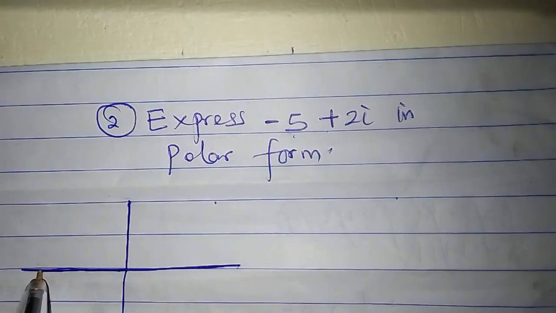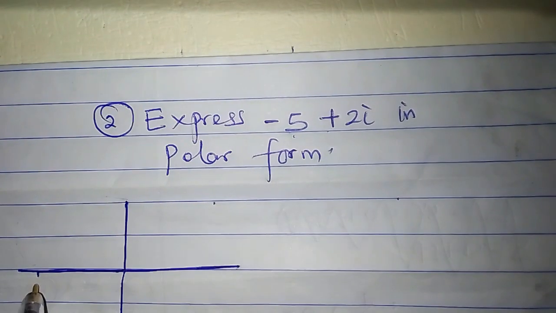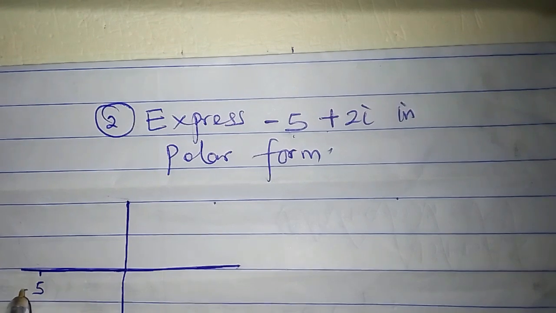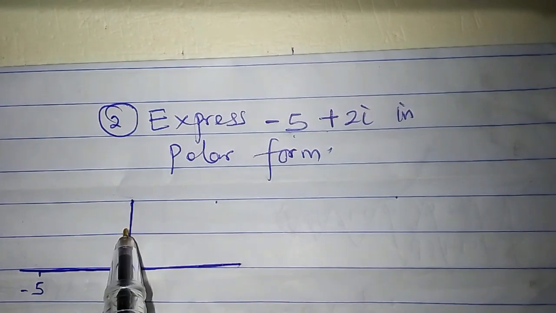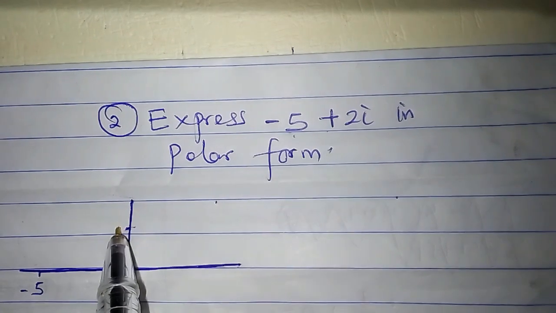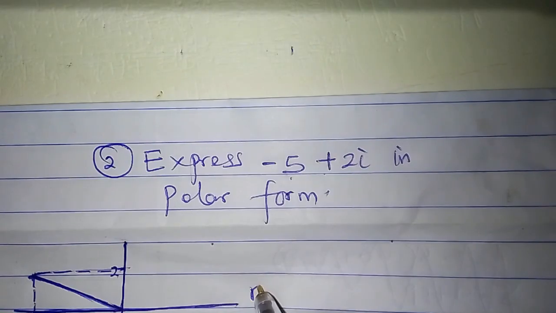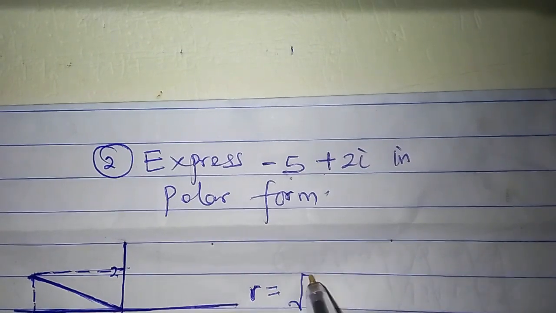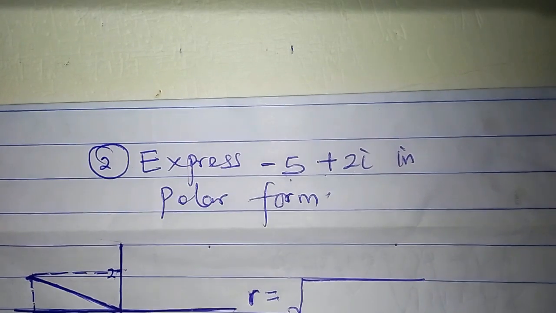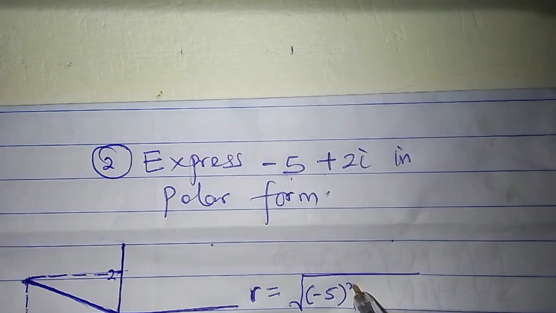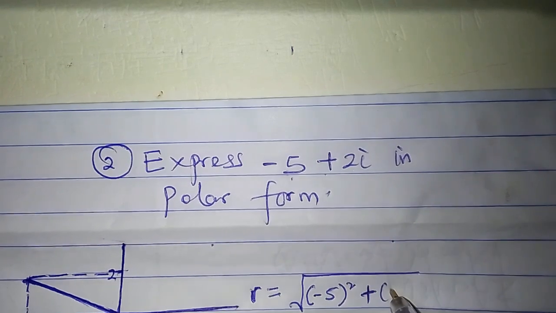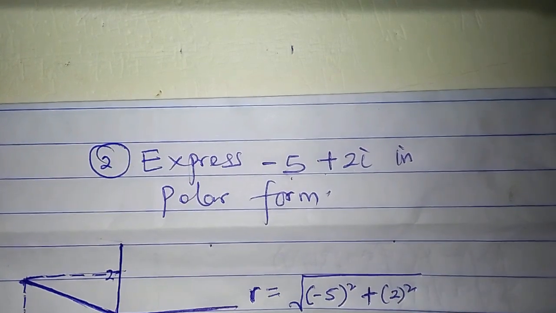So let's say from here to here is 5, which is minus 5 as we have it there. And from here to here is 2. The modulus, which is r, is the positive square root of a squared plus b squared. A is minus 5, squared, plus b is 2, that's 2 squared.